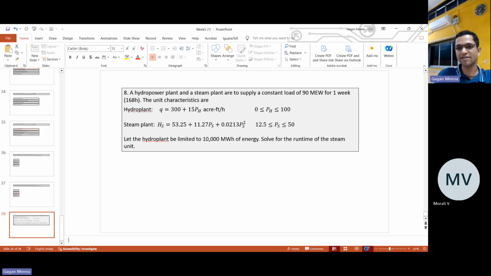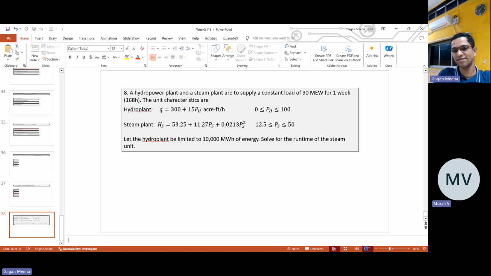The hydro generator is a very large generator, and the coal is only there to support the hydro for a few hours. Although this example considers only a two-unit problem, one thermal and one hydro, it can be extended to more thermal and hydro units.